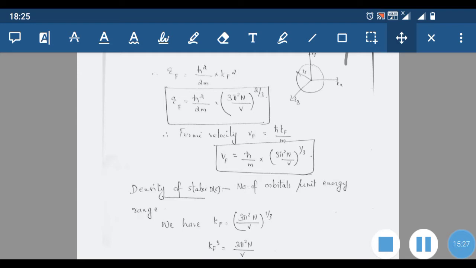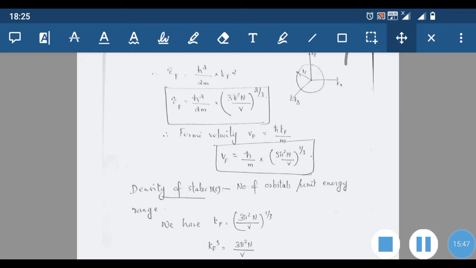Each small volume element in K space, corresponding to 1 K value, will be equal to (2π by L) the whole cubed. From that we can calculate the total number of electrons present.